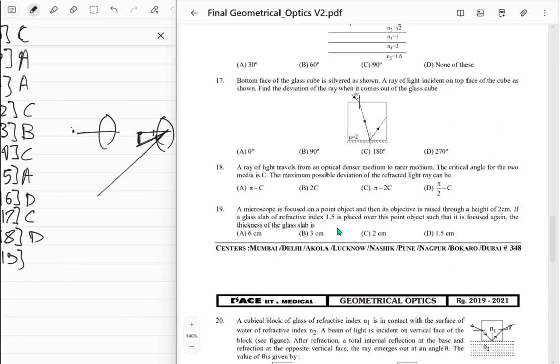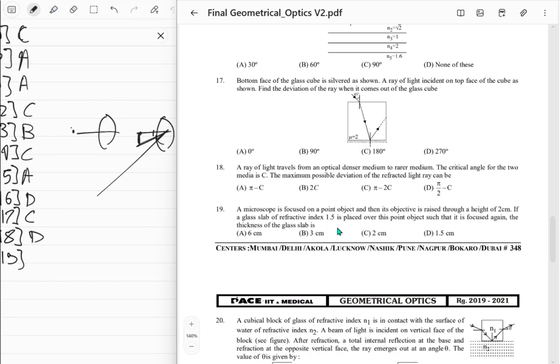if a glass slab of refractive index 1.5 is placed over the point object such that it is focused again. Placed over this point object. The thickness of the glass slab is what? I don't get what you mean.